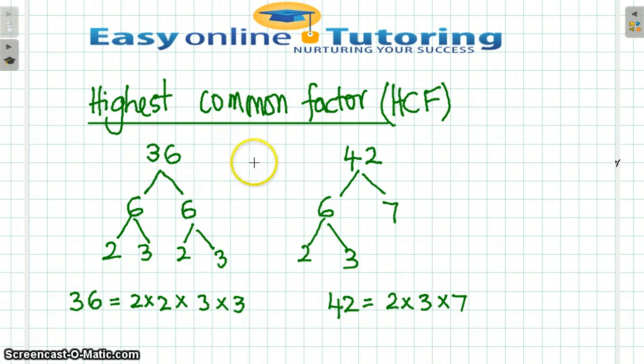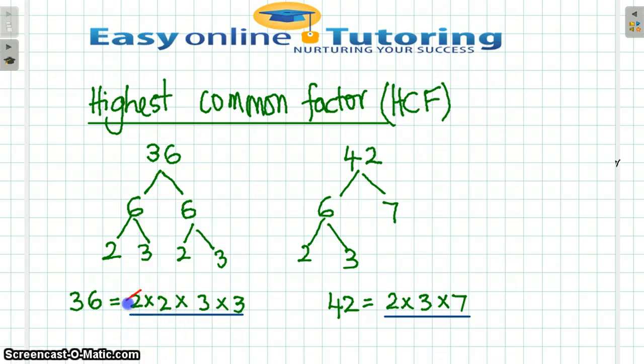To find the highest common factor of 36 and 42, we have to do a matching exercise looking at the prime factors that are used to make each number, as being underlined here. So I like to use a red circle.